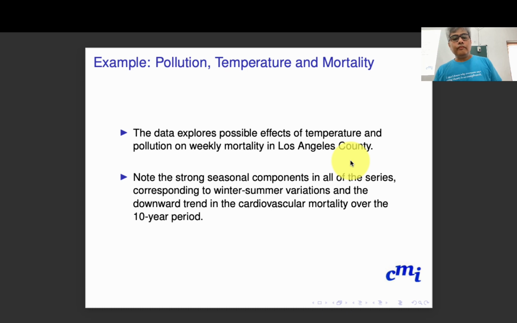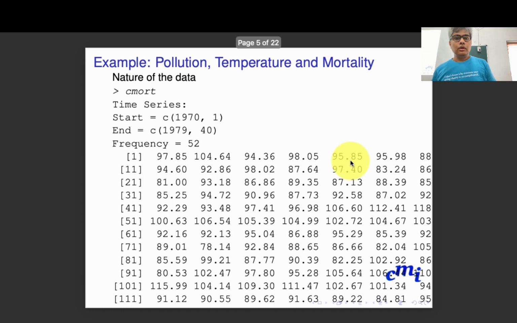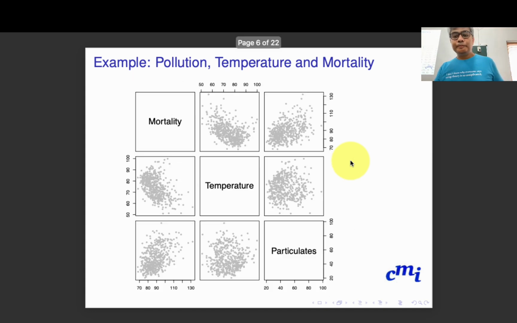So the data looks somewhat like this. It's weekly data. Sorry, I think I told you first it's monthly data, but it's weekly data, so you can expect a 52 week frequency periodicity.